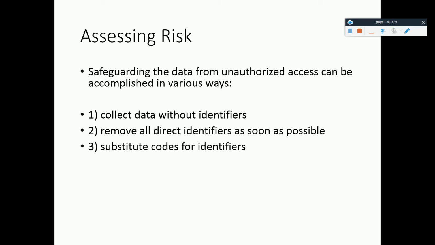Sometimes there are also reasons for researchers to be able to identify, or to distinguish participants from each other. For example, the study has two parts. One part is a questionnaire.